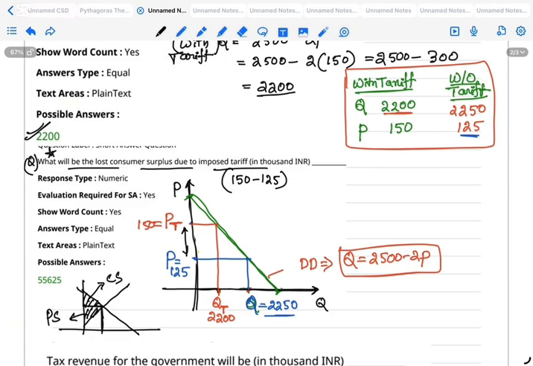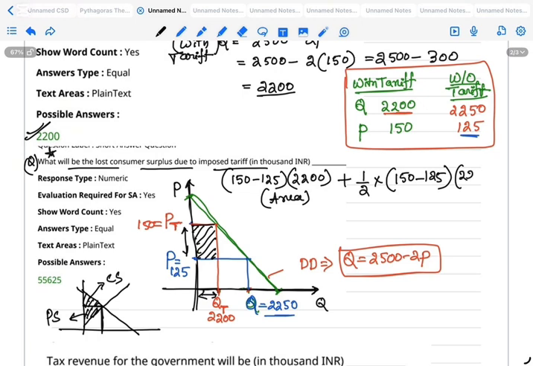This region is 150 minus 125 times 2200, the rectangular box area, plus half times 150 minus 125 times 2250 minus 2200, the green triangular area.